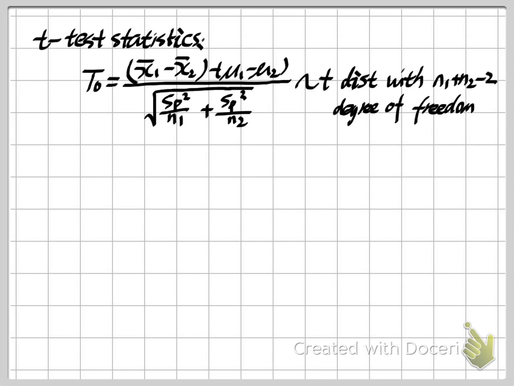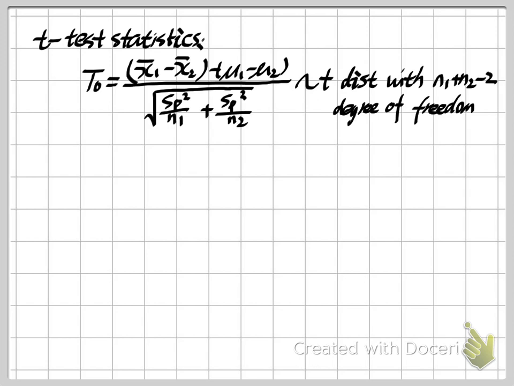Because we already know this statistic T0 is a T-distribution with n1 plus n2 minus 2 degrees of freedom, for the hypothesis test we do exactly the same as in our previous lectures.